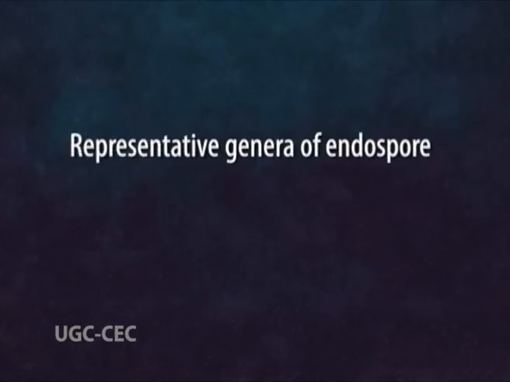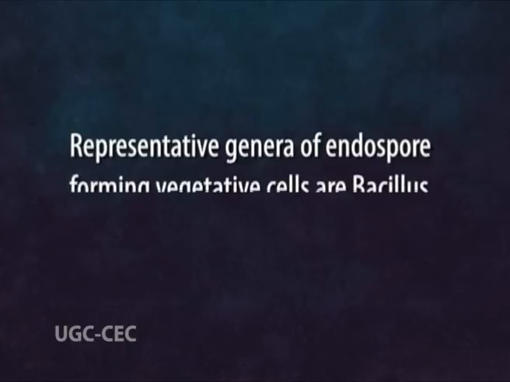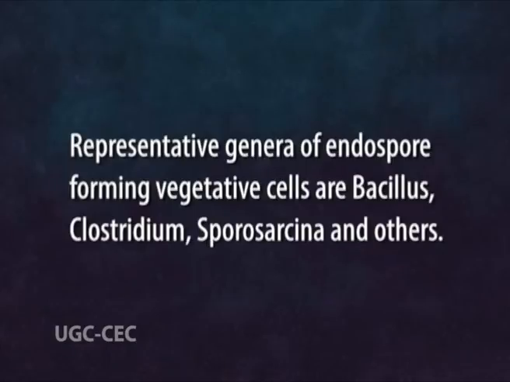Representative genera of endospore forming vegetative cells are Bacillus, Clostridium, Sporosarcina and others. The endospore structure is very complex and has many layers that are absent from the vegetative cell.